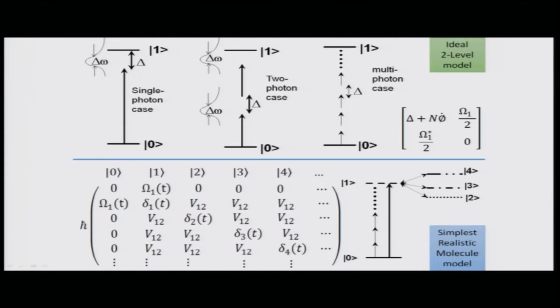Otherwise, given that there is a bandwidth associated with the laser, even if the laser does not exactly match the energy gap between 0 and 1, the two states can be connected through dipole interactions and excitation can occur, and because of that a detuning factor delta may come in, and that is how all these discussions appear.